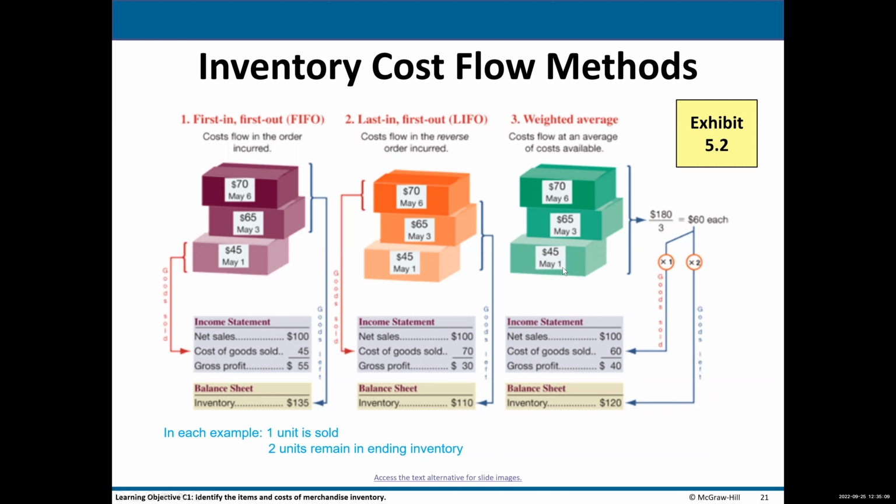And well, how much is that on average? Well, if you divide it by the 3 units, on average, each unit costs $60. Okay, so for that 1 unit sold, we'll take one of those at 60. It goes here to cost of goods sold. The other 2 at 60 a piece will go into the balance sheet to our ending inventory.